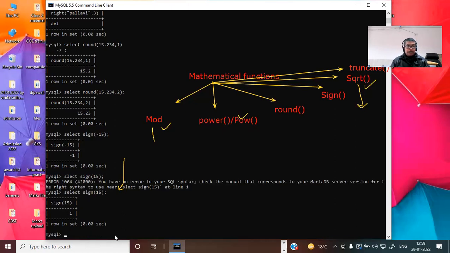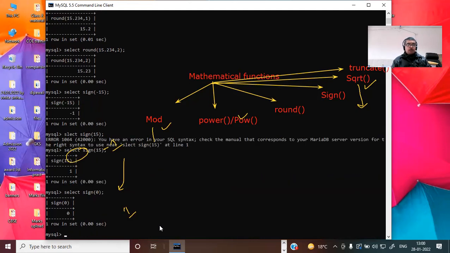You see here it is giving +1. When there was minus, the sign returned -1. When it is plus, it returns 1. Now suppose I write select sign 0.